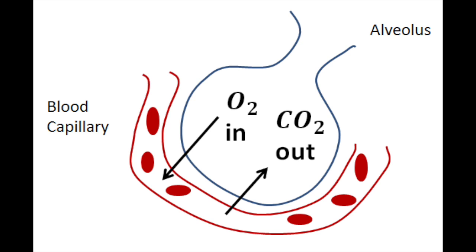The PO2 in the alveoli is still higher than that in the capillaries, so oxygen diffuses into the blood. Once through the alveolar and capillary walls, the oxygen combines with hemoglobin to form oxyhemoglobin that is transported within the bloodstream.